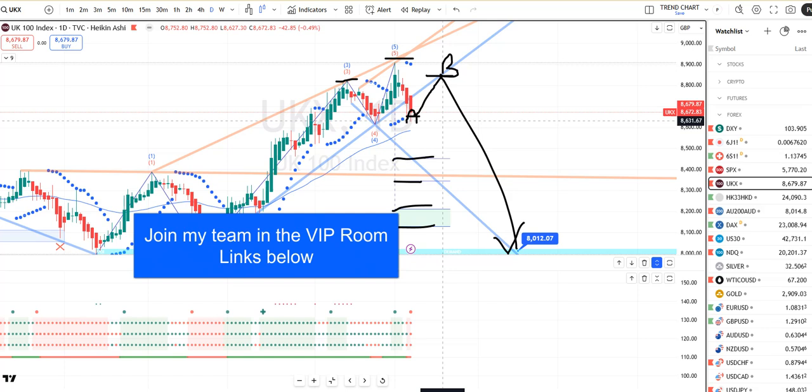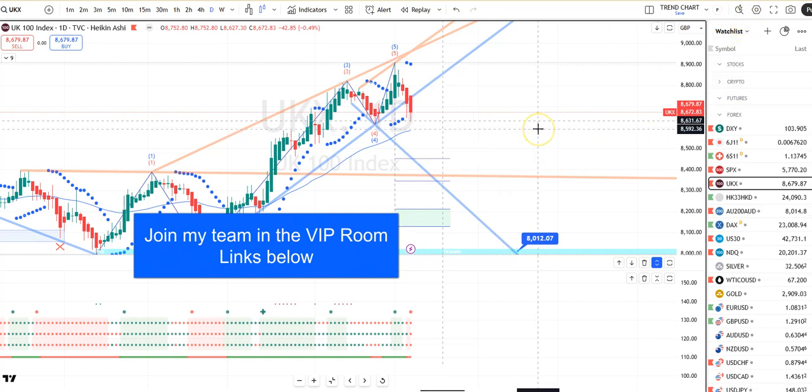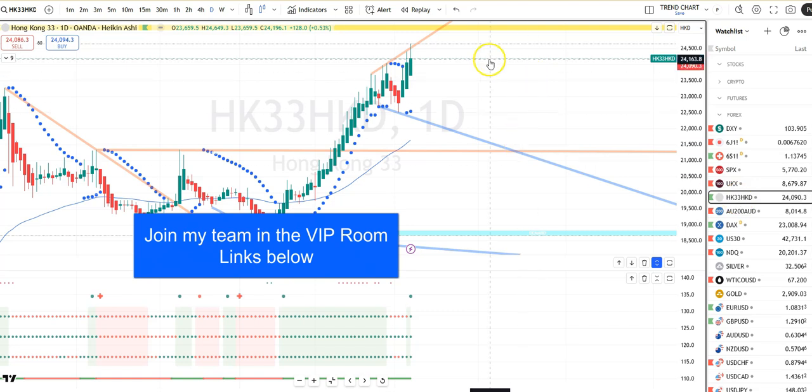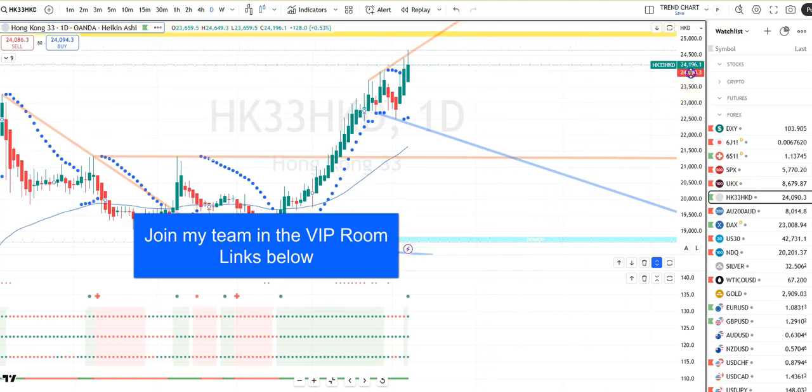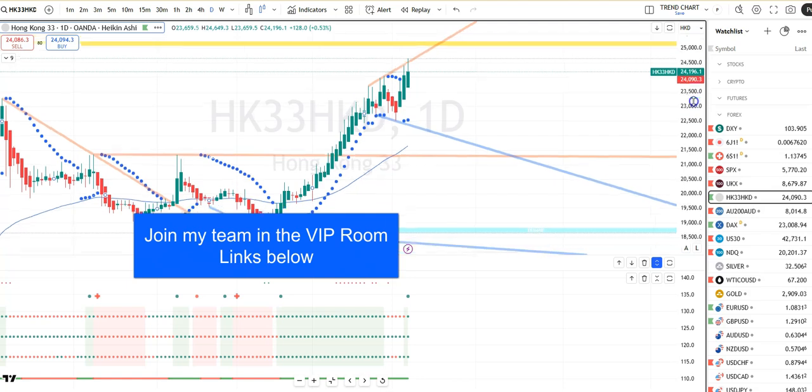So there are several targets we can use during the week. So weakness in terms of the FTSE 100, down to 80,012 potentially.